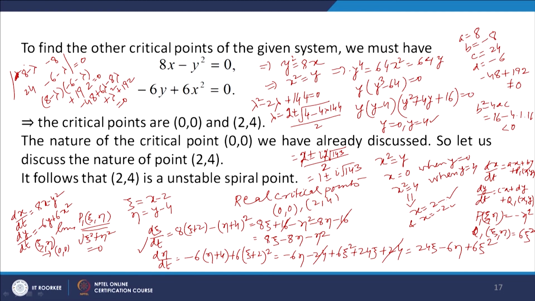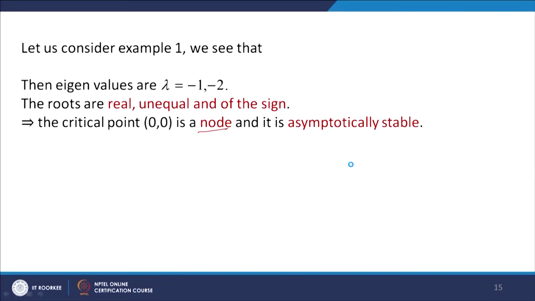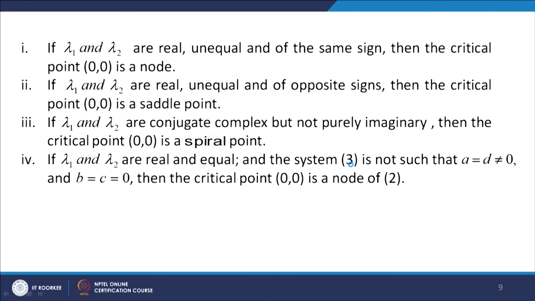So, we can see the nature of the point. Okay. So, in this case let us go to theorem 1. If lambda 1 and lambda 2 are conjugate complex, but not purely imaginary, since alpha is equal to 1, then the critical point 0, 0 is a spiral point.